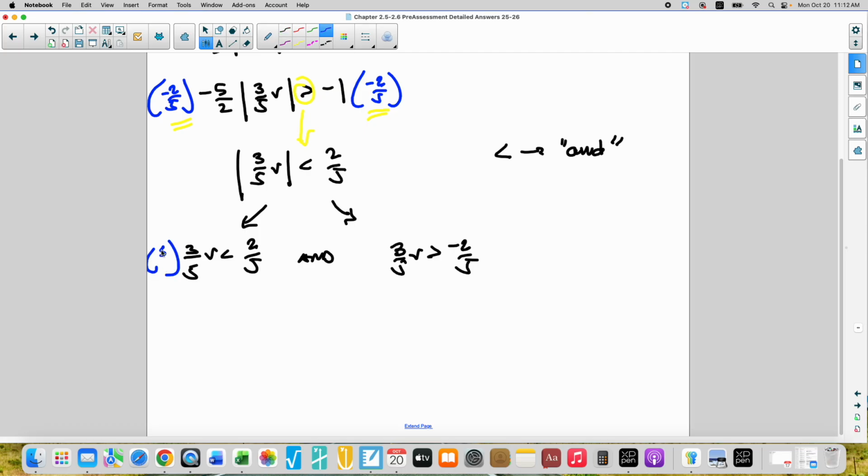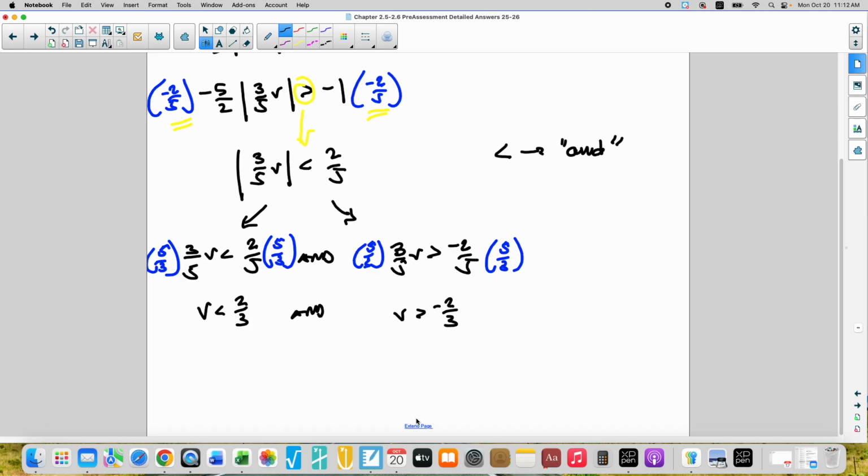Multiply by the reciprocal, 5/3. The 5s cancel, numerator and denominator. V is less than 2/3. Let's multiply by 5/3. The 5 in the denominator and numerator cancel. V is greater than negative 2/3.